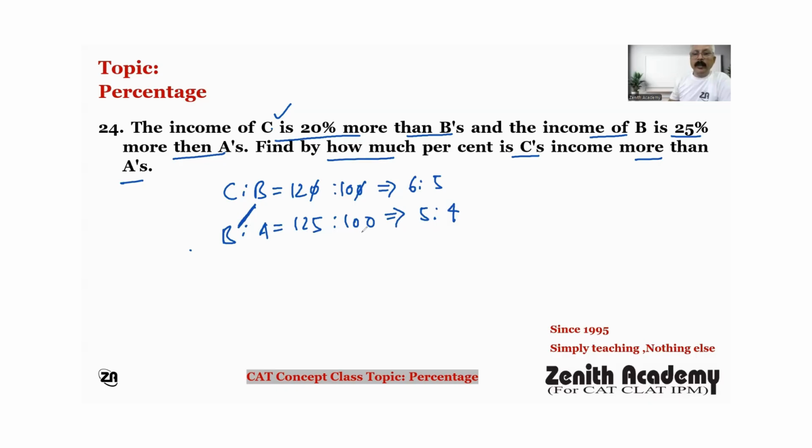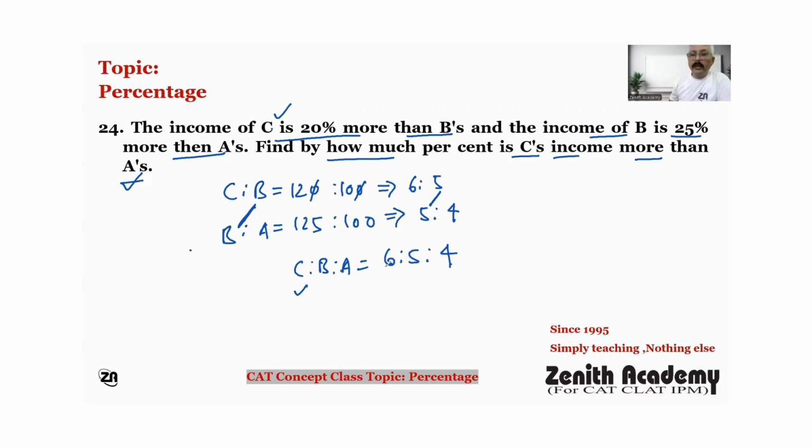B और B सेम है और ये भी बाय द वे सेम है. तो C is to B is to A, directly you can write 6 is to 5 is to 4. Okay, now the question is by how much percent C's income is more than A's? If C is 6K, then A is 4K.